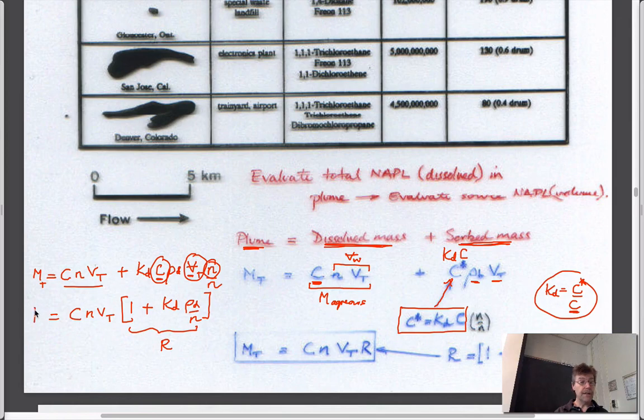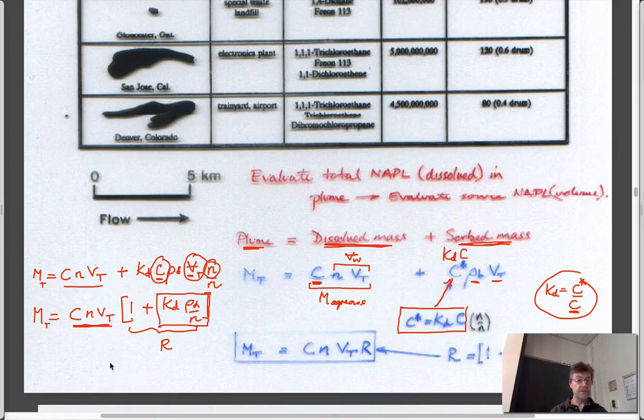So the bottom line is that the total mass you could calculate from the same calculation we did before, just looking at the volume of the plume, the porosity of the aquifer inside the plume, and the concentration inside the plume. Because the plume is in equilibrium with the stuff that's sorbed onto the grains, then by definition, if it's non-conservative, or if it's conservative for that matter, we can use this expression.